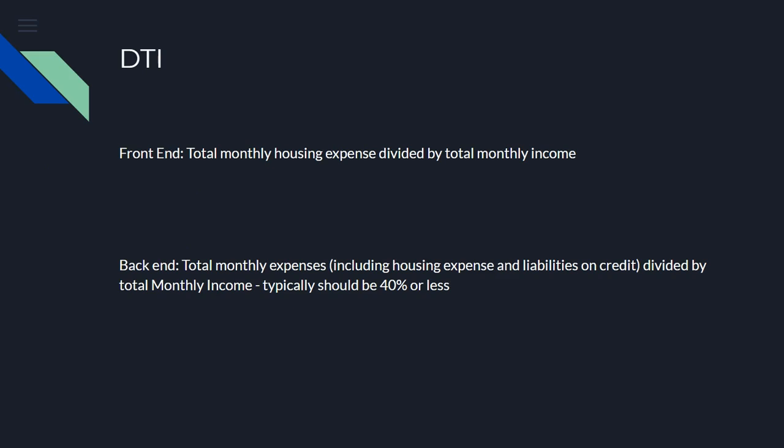Now, what if you ran it through DU and it was ineligible, but then when you went to LP and ran it, it was eligible? It just kind of depends, because the two AUS systems are similar, but they can underwrite a loan a little bit differently. But yes, so that is the DTI.